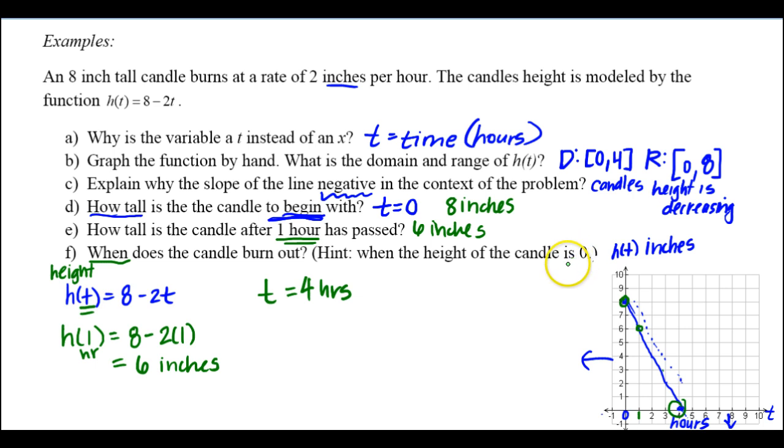So this first example is actually taken from an Algebra 2 book, and it's a really great example of a linear function, and it's easy to graph by hand. It goes over two different types of problems that ask you to substitute in a value.